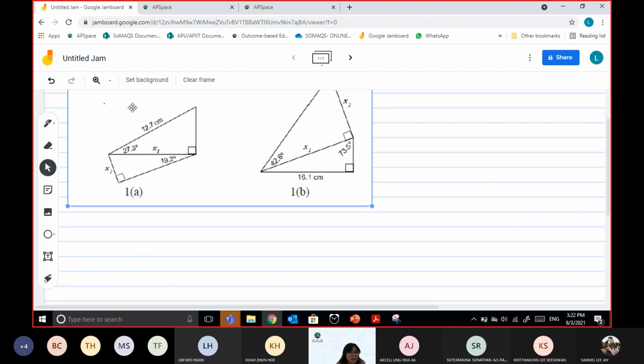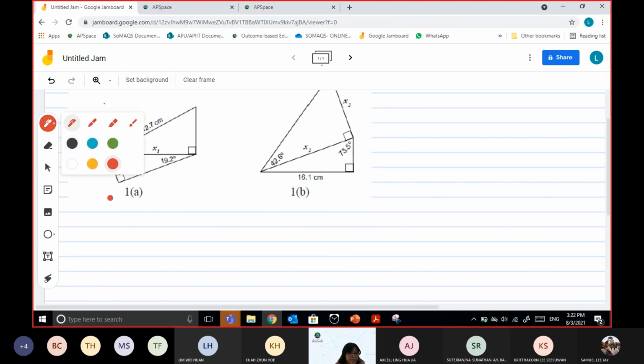So here is x1, and the value here is x2. Here is x2. This one is x1. Then you have the angles 19.2 and 27.3, here and also here.